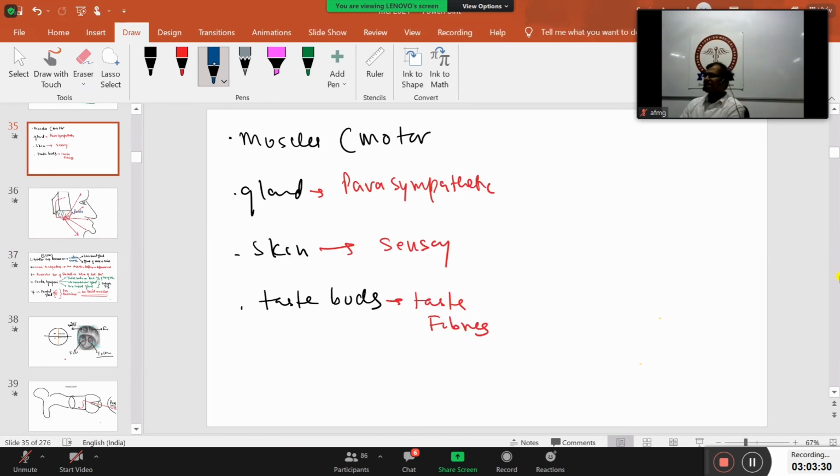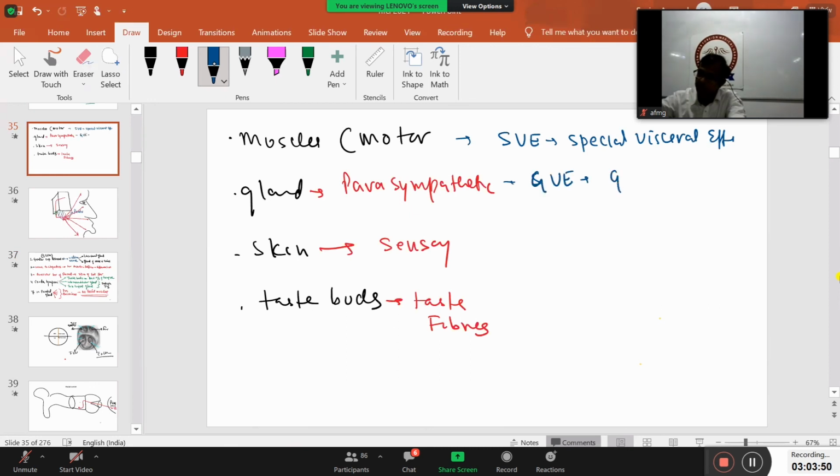And if you read your anatomy jargon, in anatomy these are called SVE. What is SVE? Special visceral efferent. This is called GVE. General visceral efferent. This is called somatic.